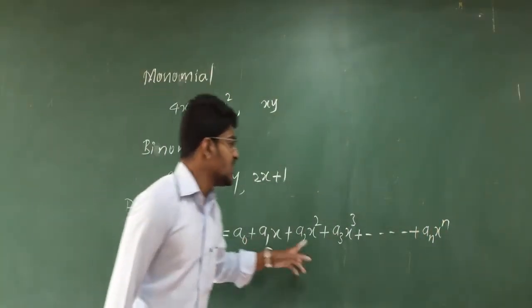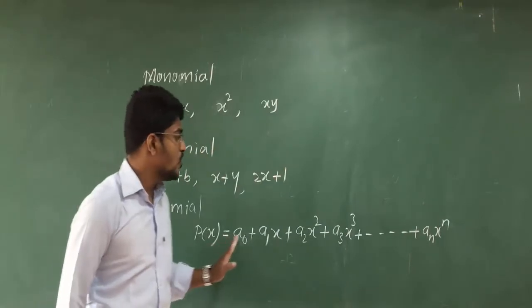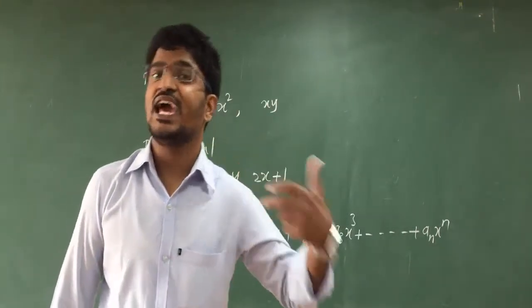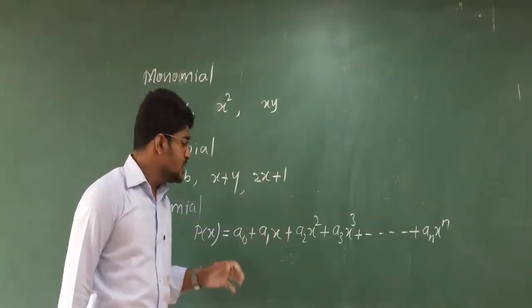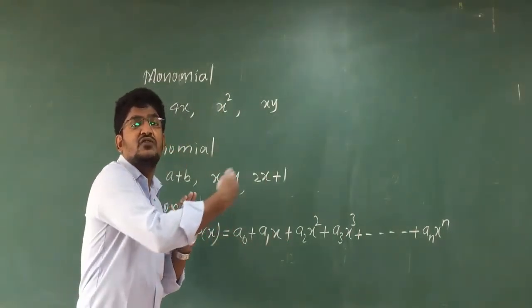Clear? So here there are n terms, that's why it is called polynomial in variable x.